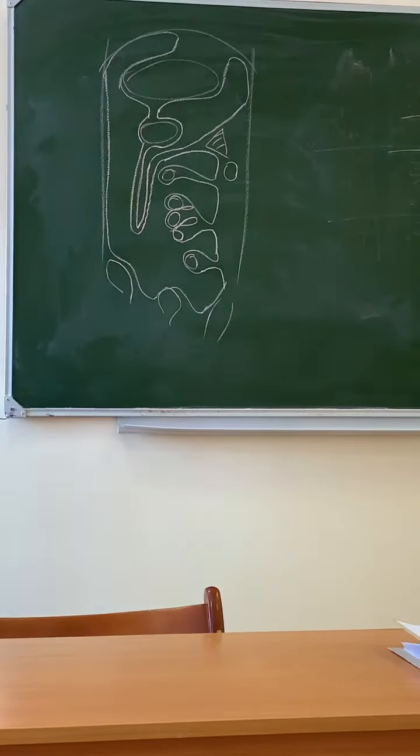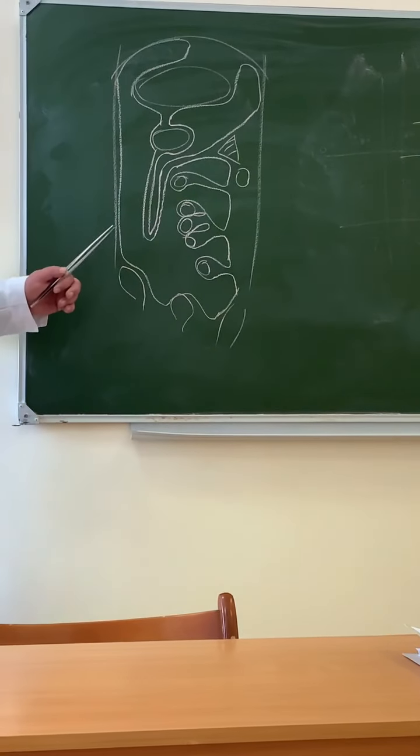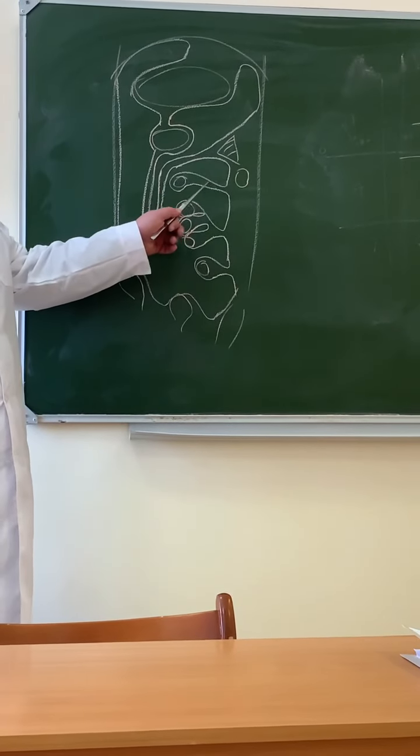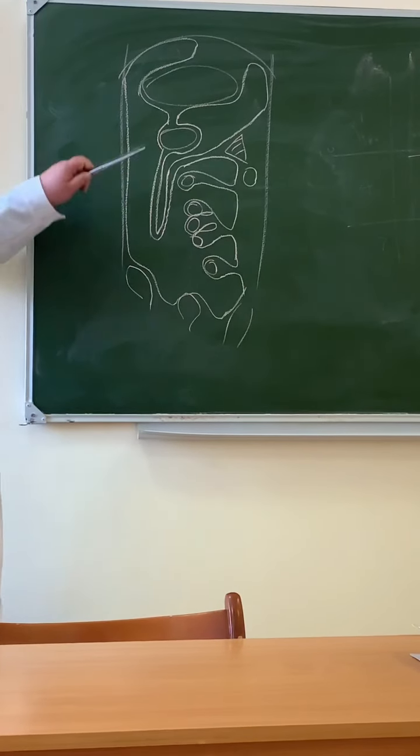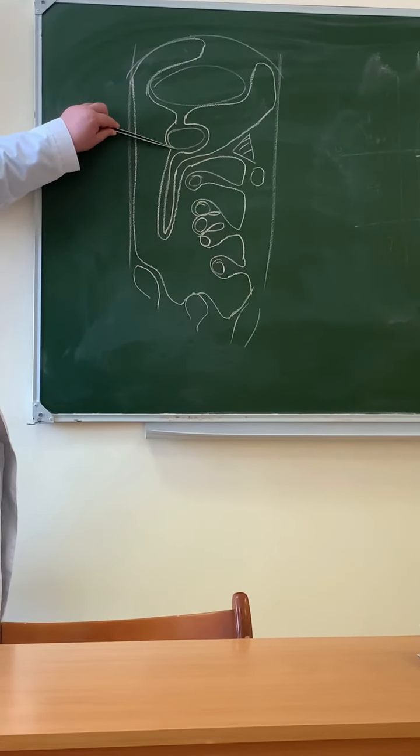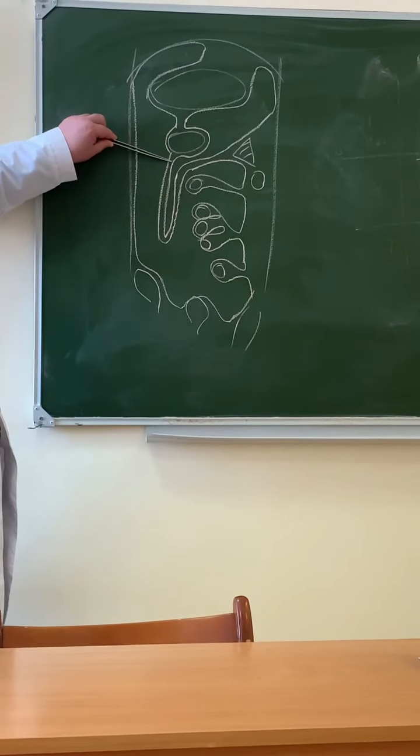It is not so important today, but if you ask me what is the difference between mesentery and greater omentum, look here. From the greater curvature of the stomach, two layers of peritoneum go downward, make a loop and go upward. And these four layers of peritoneum together form the greater omentum.